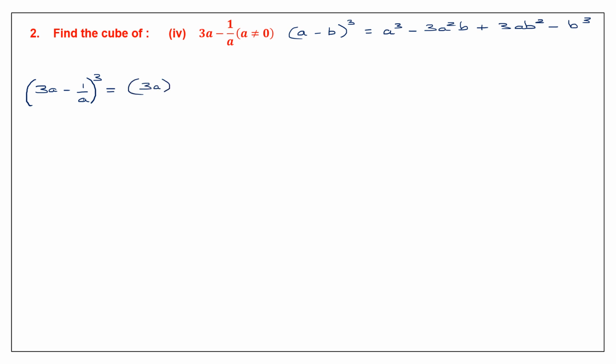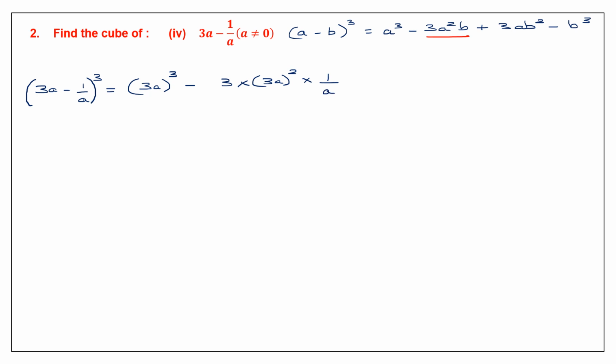3a, this is a, so a cube minus 3 into a square, which is 3a the whole square, b. So we have taken this 3a square b, so I have written 3a square. Now b is 1 by a into 1 by a.